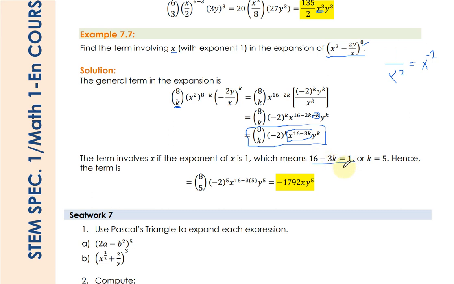Then we solve for k. So balin lang nato ni siya sa pikas. So we have 16 minus 1 is equal to 3k. So 16 minus 1 is 15 over 3k. Divide both sides by 3. So we have k is equal to 5.